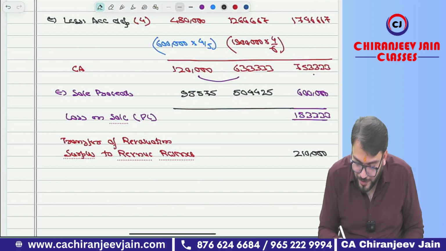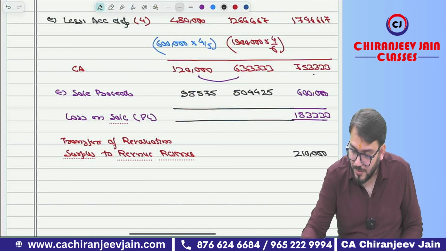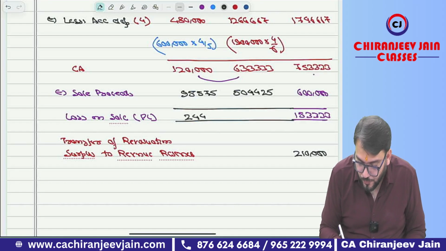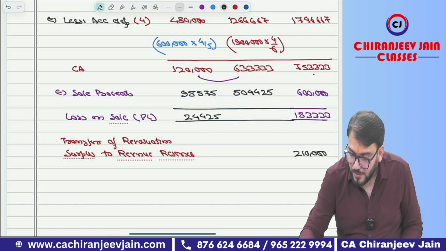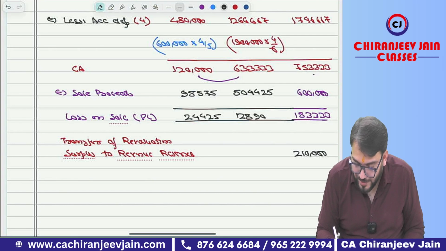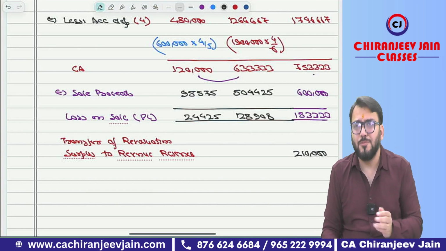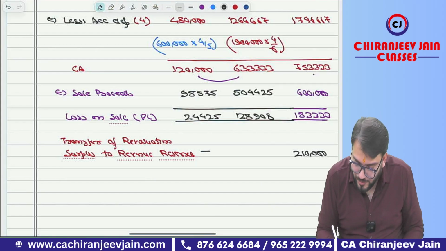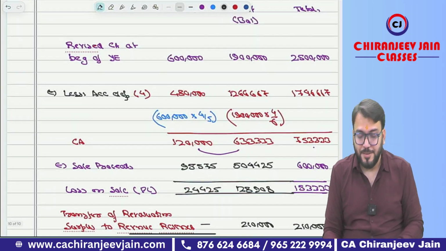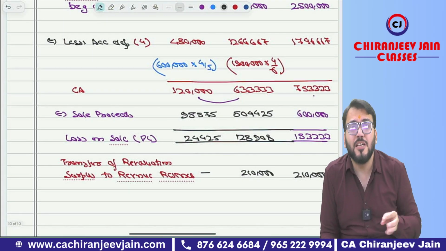Now if you want to find out individual loss, find out. But that was not required from my point of view. 1,20,000 minus 95,575 is coming 24,425 and the other is coming 1,28,908. From my point of view, it is not required. If you wanted to do, you can say okay sir, chalega, but that was not required. But in the solution they have done in this way, therefore I am also doing.